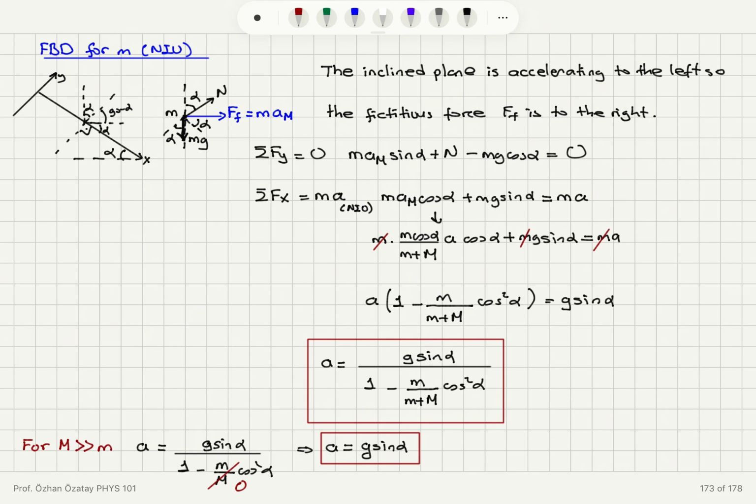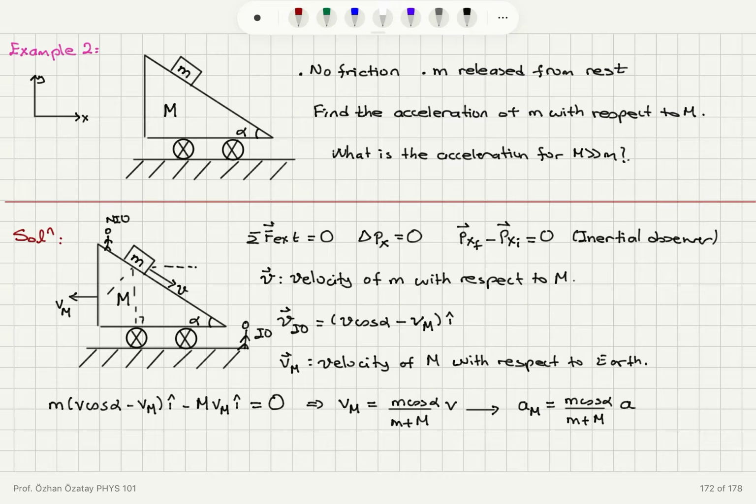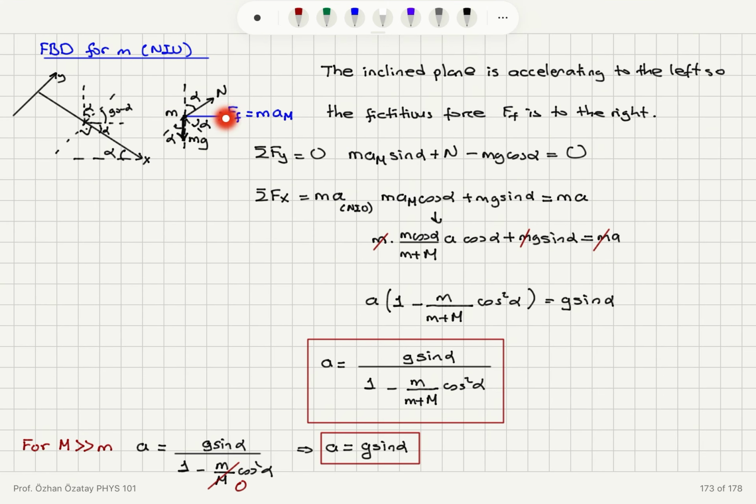And I see that in the limit capital M much greater than m, that means the wedge is too heavy, it won't move at all. In that case, the acceleration a would be just g sine alpha, and when the fictitious force is 0, you would have mg sine alpha pointing in the i hat direction. It will be solely responsible for the acceleration of the block with mass m.